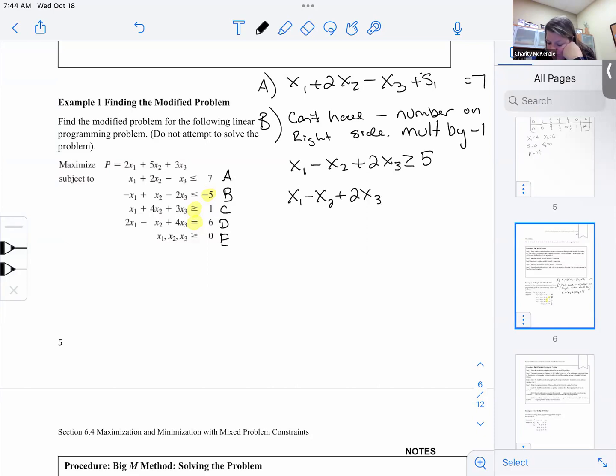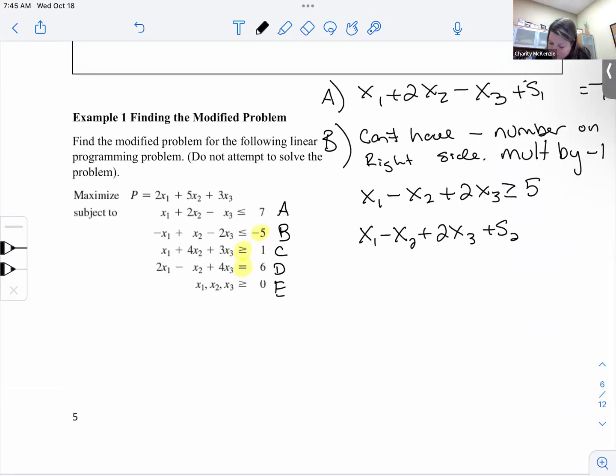Plus 2x3 plus slack 2. I'm not going to be able to give that gap that we normally do just because I don't have space, but then I can write smaller. So, oops, what did I do wrong with my slack? As I introduce my slack on one that's going the wrong direction, it has to be negative.